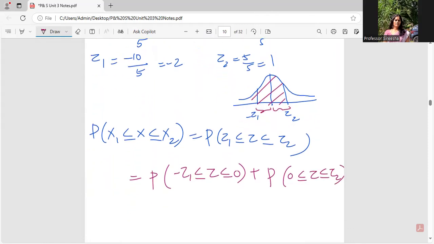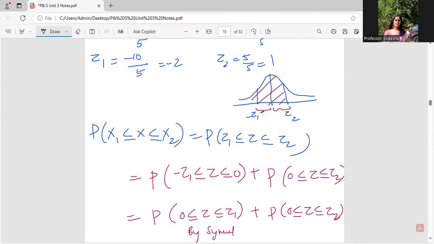And clearly, by symmetry, the first value would be nothing but 0 less than or equal to z less than or equal to z1, and this is 0 less than or equal to z less than or equal to z2. By symmetry, I'll be writing like this.